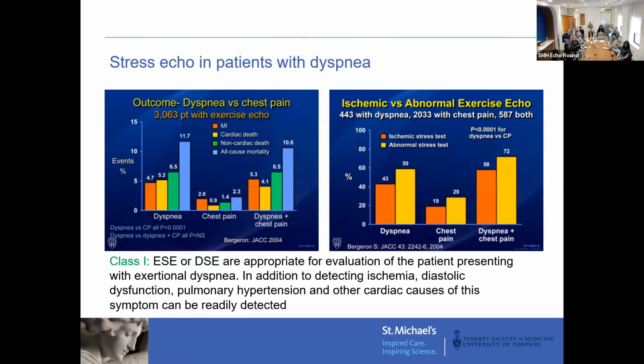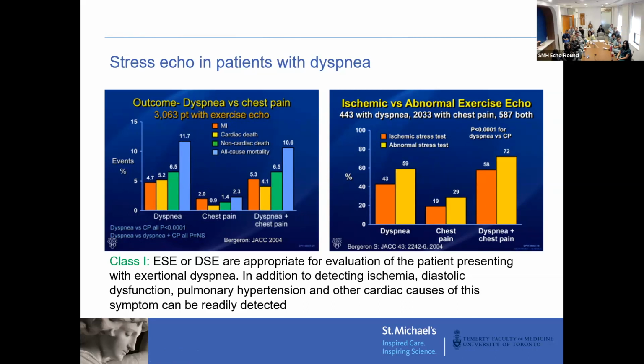Looking at this graph, patients who present with dyspnea and undergo exercise echo have much higher mortality rates than those referred for chest pain. And the amount of ischemia in patients referred for dyspnea is significantly higher than in those referred for chest pain.